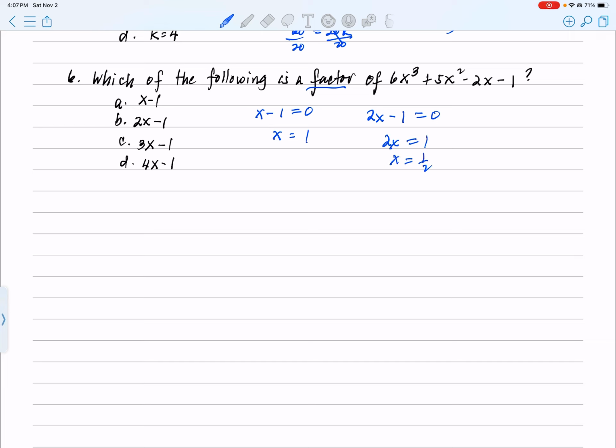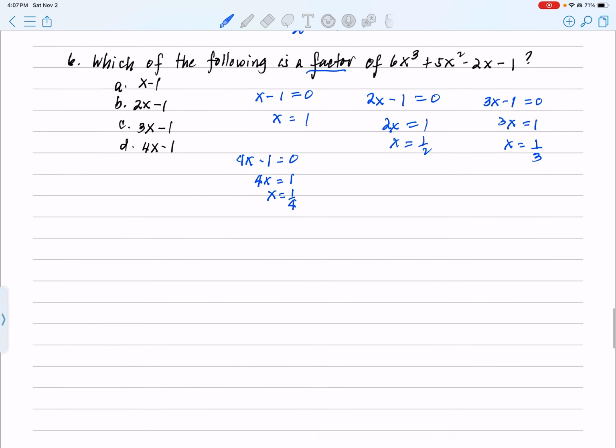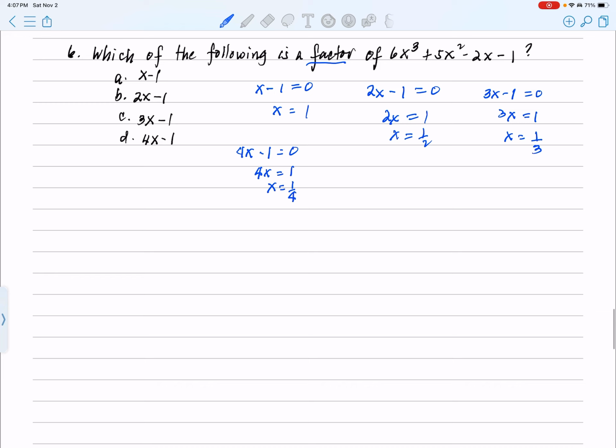How about the other one, 3x? Look at your choices. See, it's already in patterns. The one who gave you this question is trying to find out how you're going to solve the problem, right? So x is 1/4. So you're going to try: what happens if the function is at 1 half, 1/3, or 1/4?